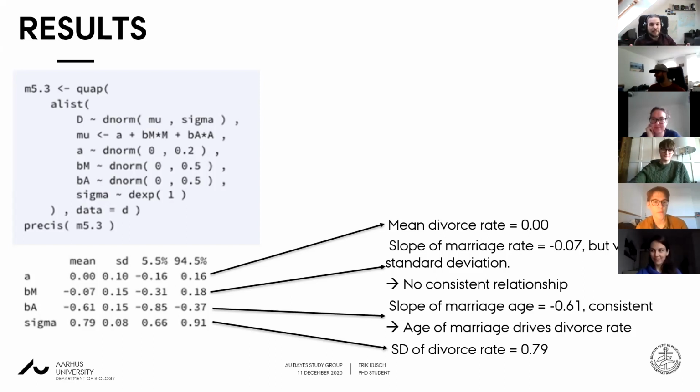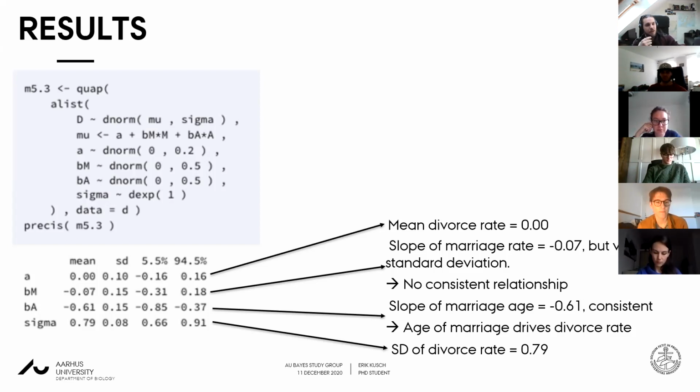And with this kind of standard deviation that goes with it, and this very broad interval, even though it seems to be tending to the negative, this is not really a very consistent relationship. So marriage rate probably isn't the best predictor here, even though when we regress it by itself, it doesn't do too badly.